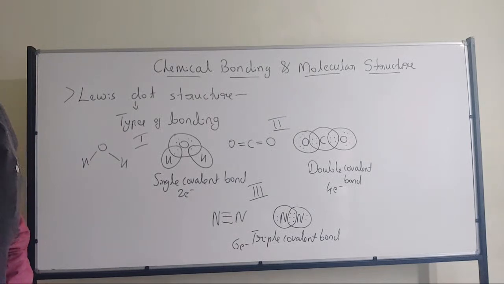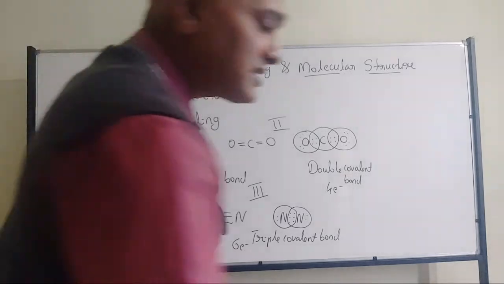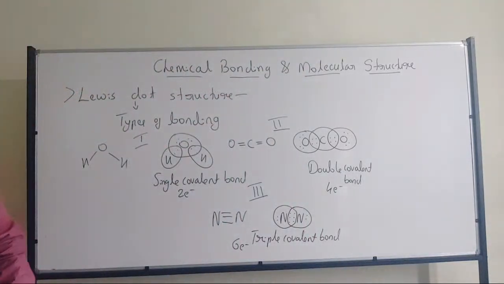So a single bond is a covalent linkage where two electrons are involved, and a double bond is the one where 4 electrons are involved, and triple bond is the one where 6 electrons are involved. Okay, all of you have understood? All these things are related to covalent bond only. So depending on the number of electrons involved, we have different types: single, double and triple. Fine, all of you have understood?